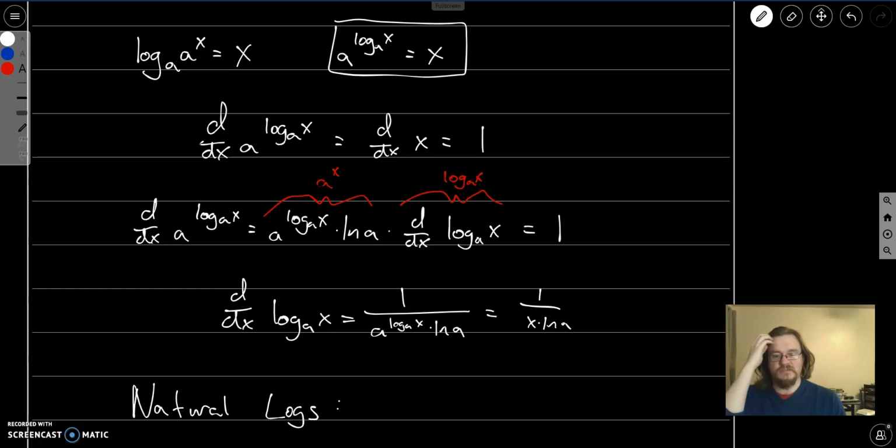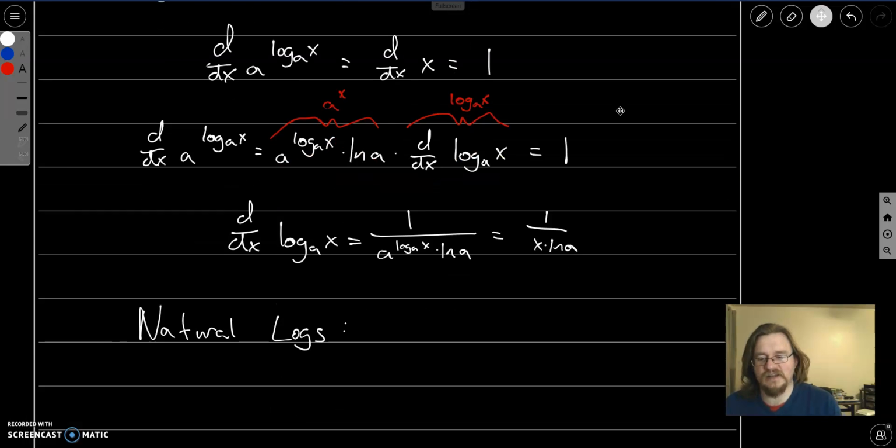So to summarize, I can take the derivative of a logarithm by just taking the derivative of an exponential and using the chain rule. So we can see that this makes sense as long as we believe that the derivative of an exponential is what we've said it has been.